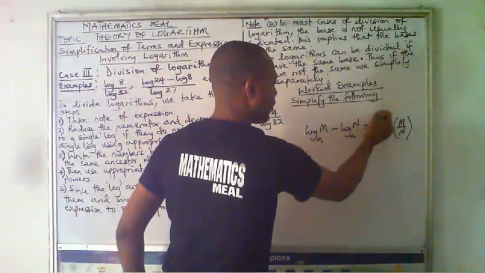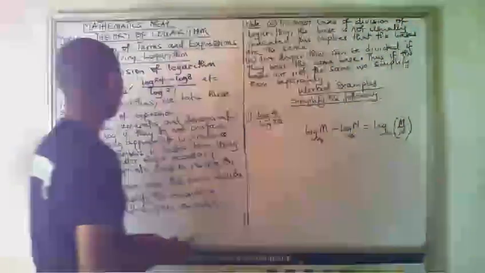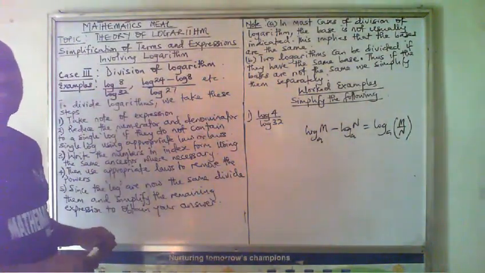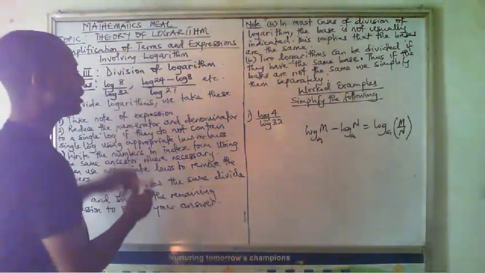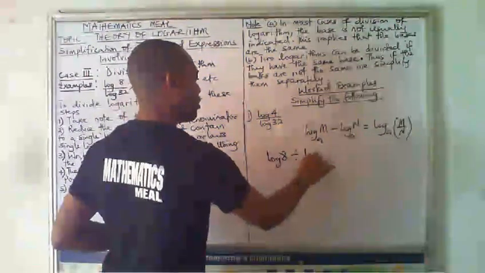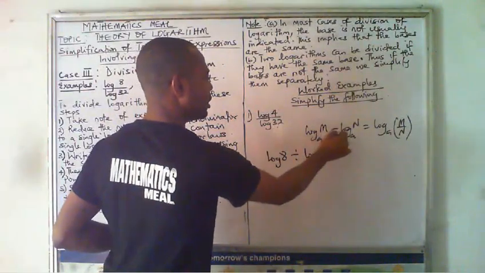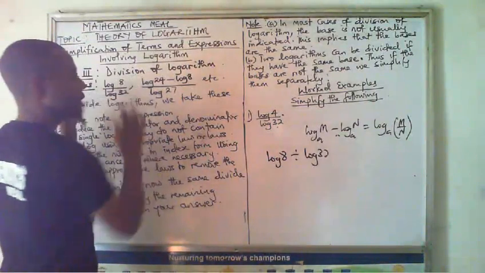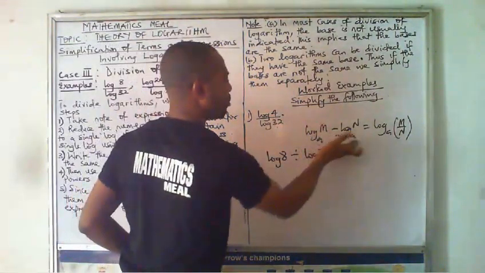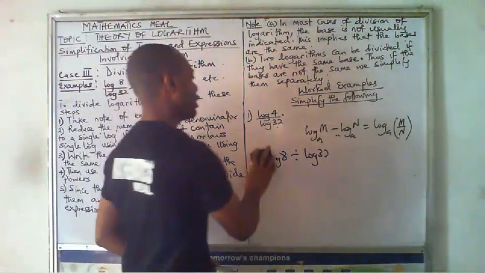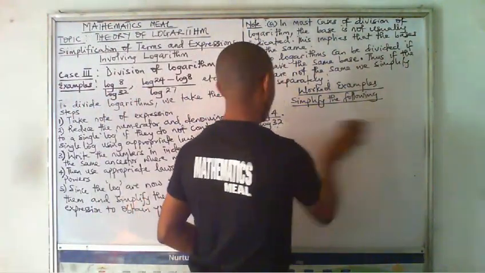No, it is now a common log. But here we have log 8 divided by log 32. So we are dividing. It's not the same thing as that one. So we have a different way of handling division of logarithm.